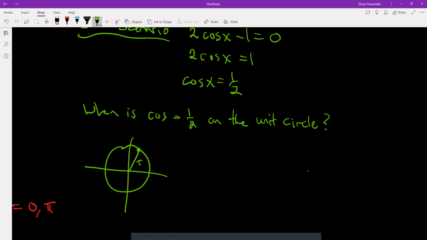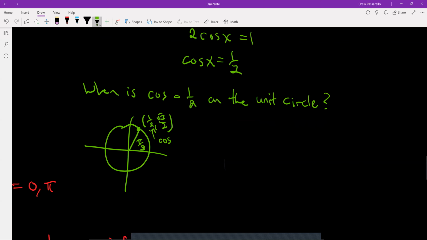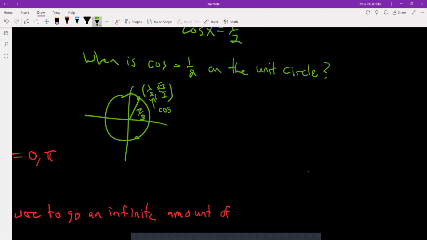It's either pi over 3. That's where you have 1/2, square root of 3 over 2. And then cosine is just the x coordinate of that point. And then the other possibility is at, let's see, 5 pi over 3. And that's 1/2 comma negative square root of 3 over 2.